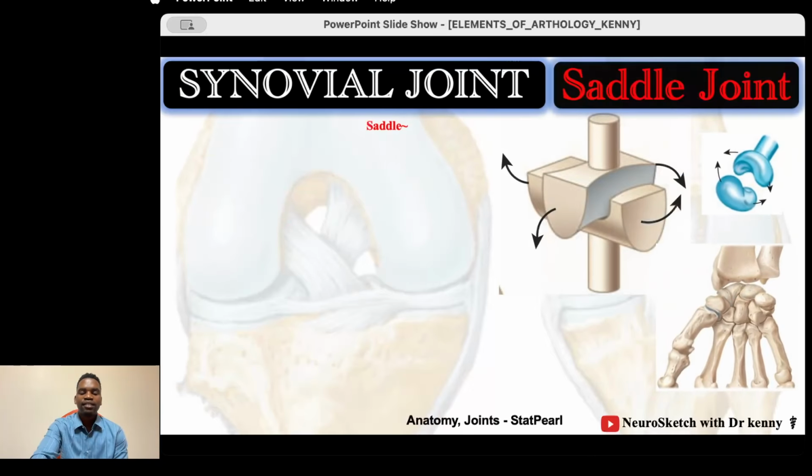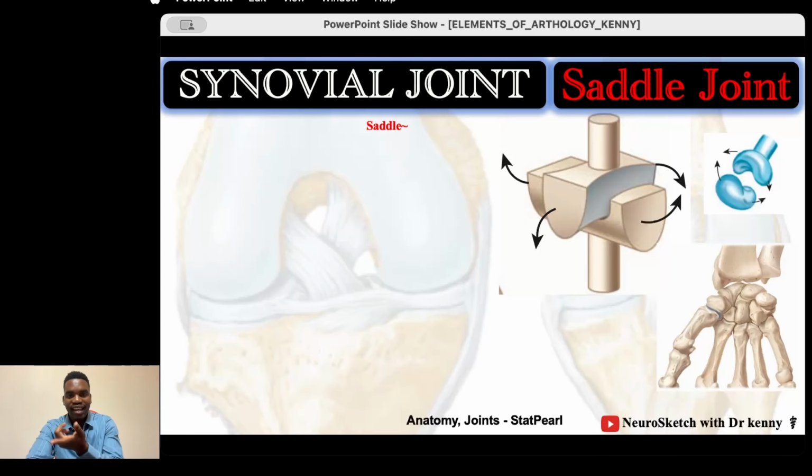All right, so let's now talk about the saddle joint. The saddle joint is a little bit complicated, a little bit hard to understand, but you'll be fine. A saddle joint is formed between two bones. One bone is convex in one direction and at the same time concave in another direction.